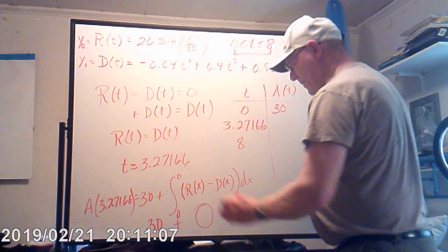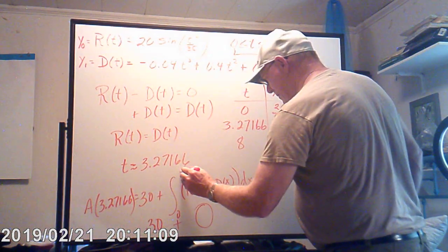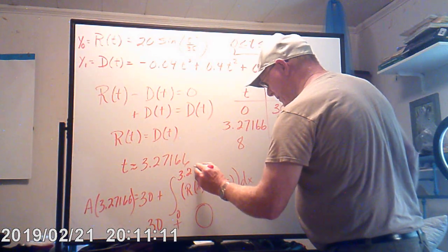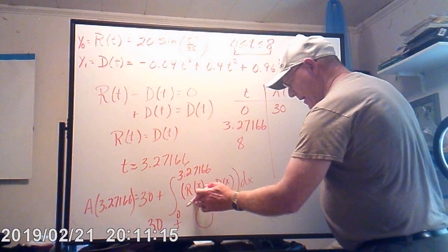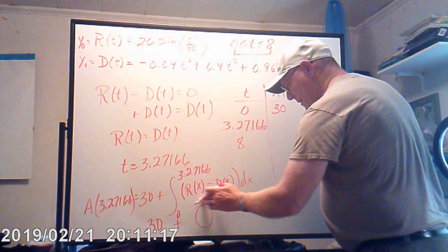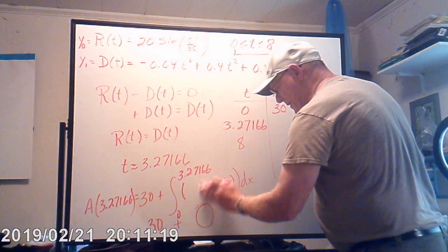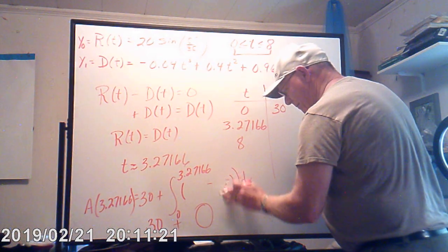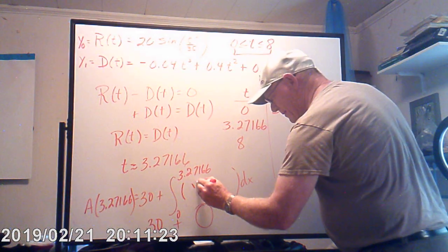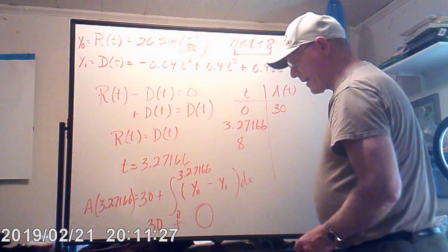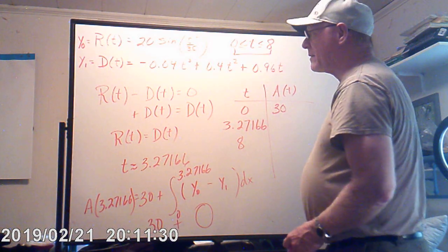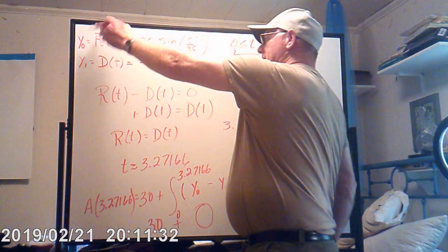Alright, I'm doing that right here, 3.27166. And remember, you can do this in your calculator. I have it as y sub 0 and y sub 1 like that. That's what I have up here.